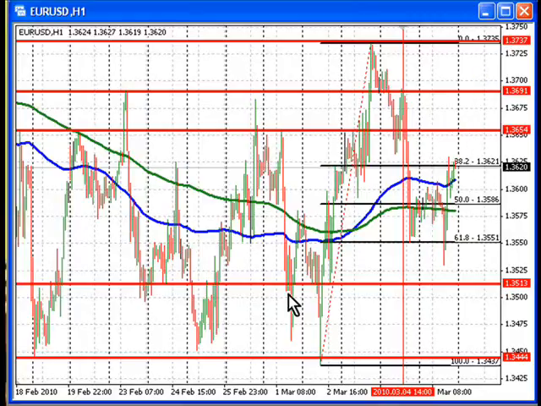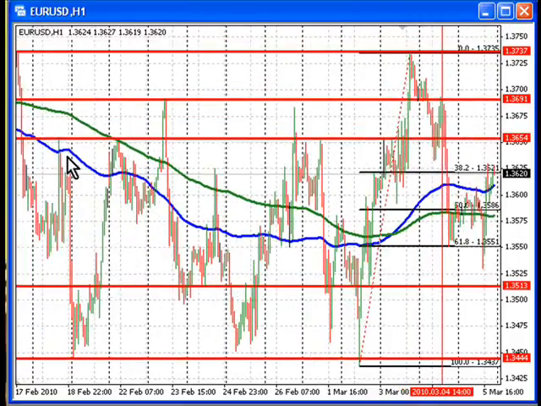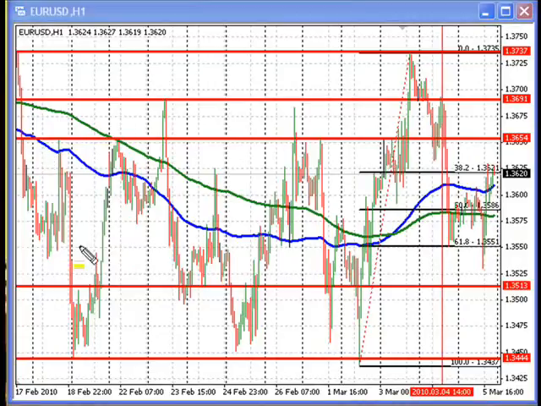Other levels off this hourly chart that are of significance is this 54 level. If you look back over time, you can see a number of different bars on the hourly chart that kind of stop at that 54 level.